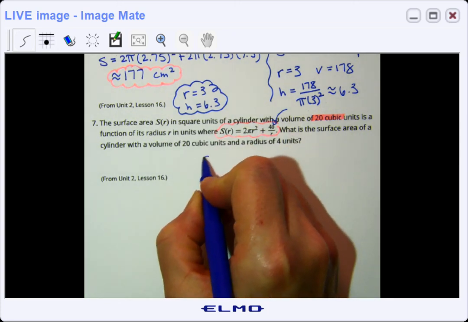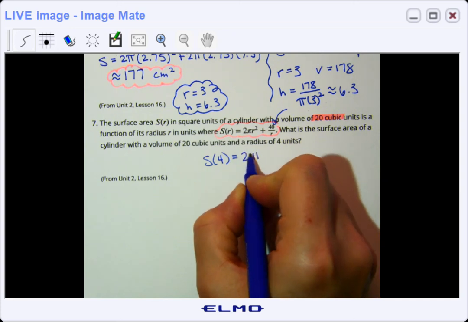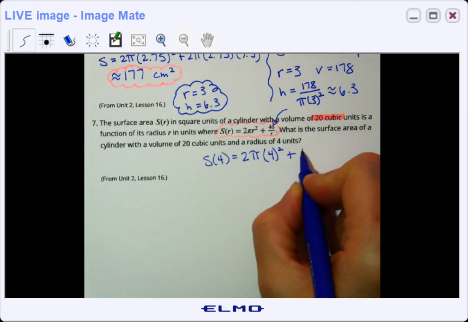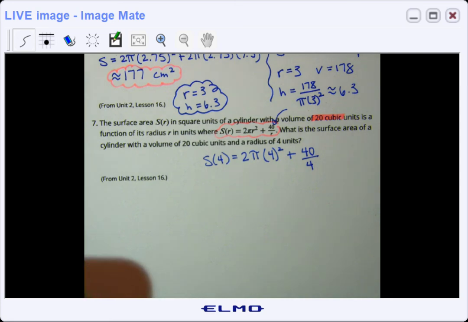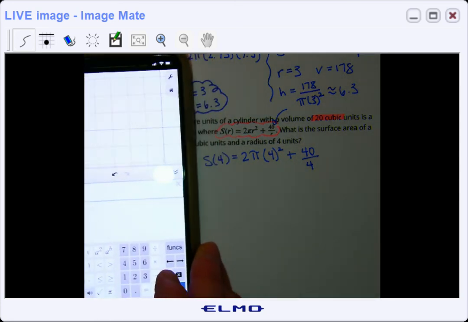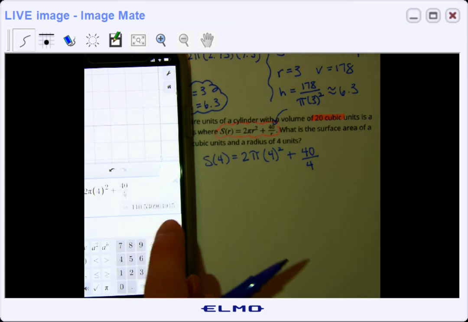To answer this question, you're just finding S of 4, which means you're plugging it in: 2 times pi times 4 squared plus 40 divided by 4. Again, I can use the calculator here. 2 pi times 4 squared plus 40 divided by 4 is 110.5.